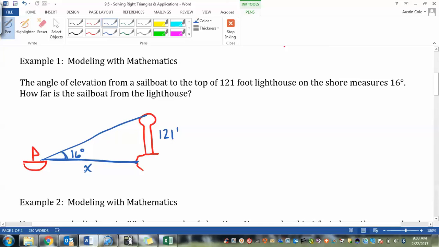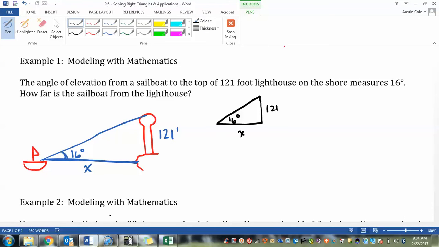So we read it, we drew a picture. Now essentially I have a right triangle. Now if you want to draw this separately, absolutely, do it. 16 degrees, 121, and there's X. So with respect to my angle of elevation, which two sides do I have, Chris? Two sides, opposite and adjacent.